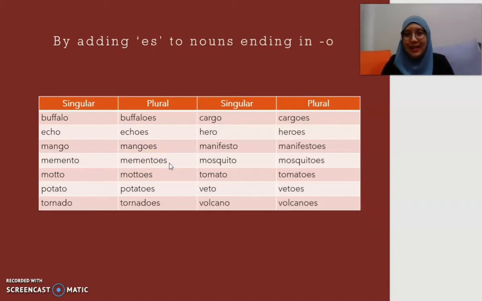We will see in the next slide. Motto becomes mottos. Potato, potatoes. Tornado, tornadoes. Cargo, cargoes. Hero, heroes. Manifesto, manifestos. Mosquito, mosquitoes. Tomato, tomatoes. Veto, vetos. Volcano, volcanoes.